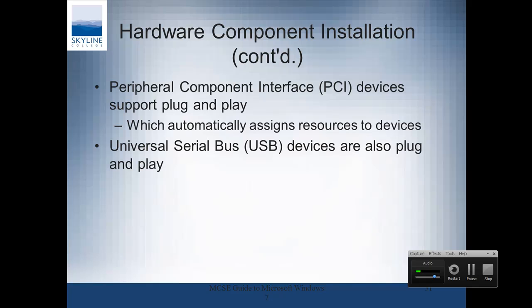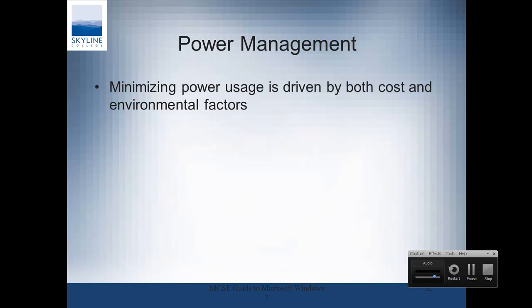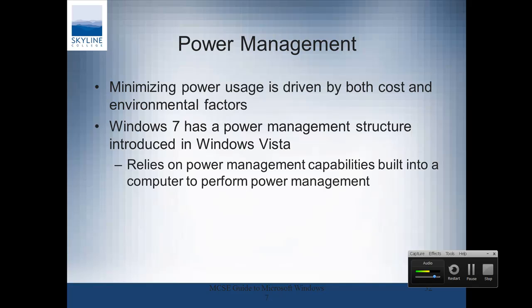PCI, and these are things that you address also in the A+ class. Power management: there are defaults, you can create your own power management, modify them, best performance, leave it on all the time, turn it off real quick, turn off the NIC.